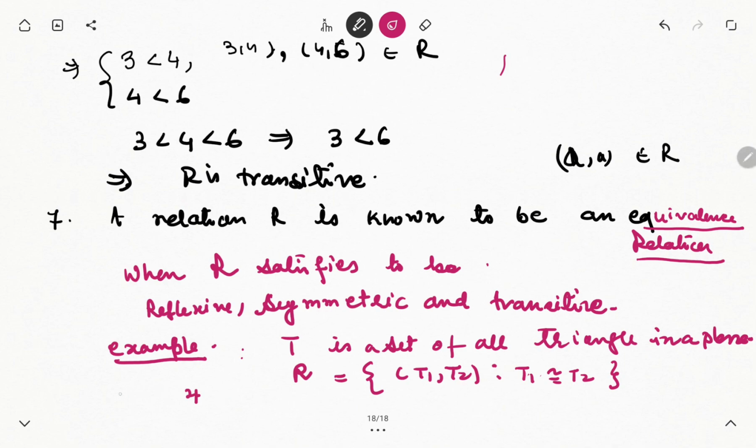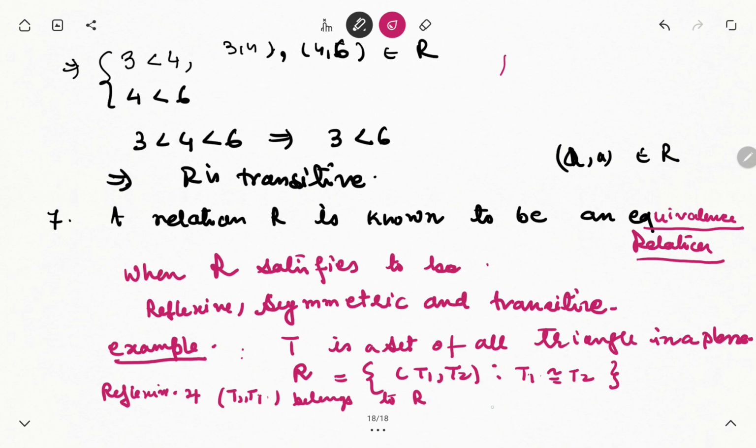So we start by checking whether it is a reflexive relation or not. We take all these pairs: does (T1, T1) belong to R or not?